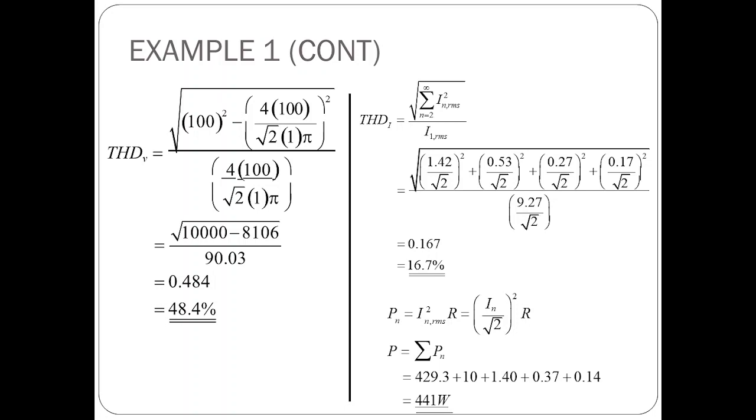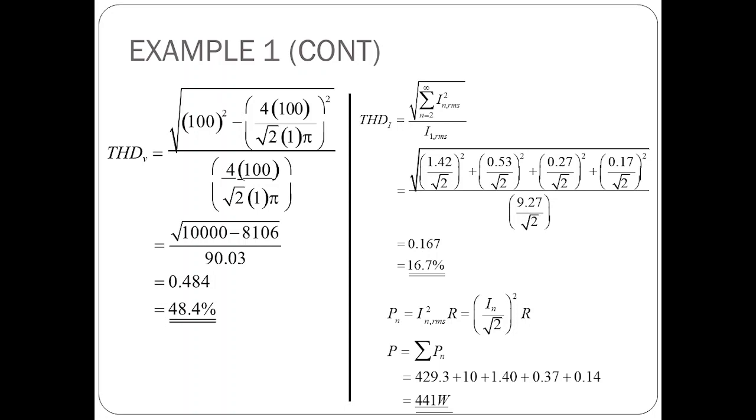So this 16.7% is the total harmonic distortion, and if we are to calculate the power, it is in square RMS into capital R. So in square RMS is nothing but (in by root 2) whole square into R, which gives you the particular value P equals sigma Pn.